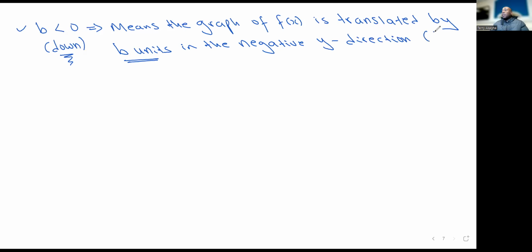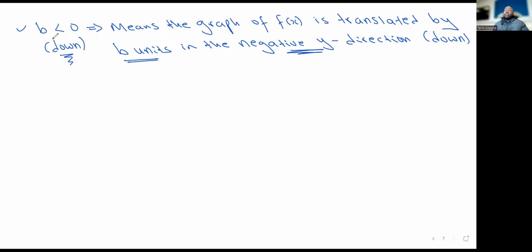Okay, so that means it's going down. All right, so it's the negative y. So what are we saying here? When you have a B less than 0, the translation is going to go what? Down in the y direction.